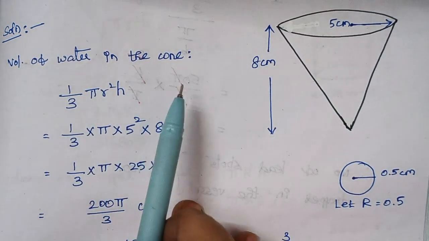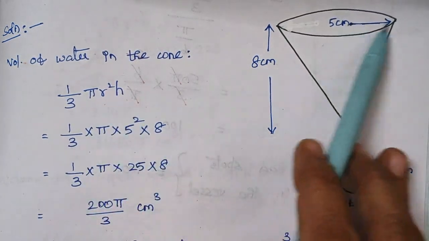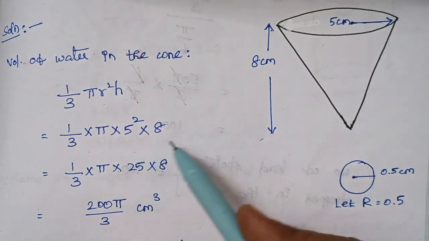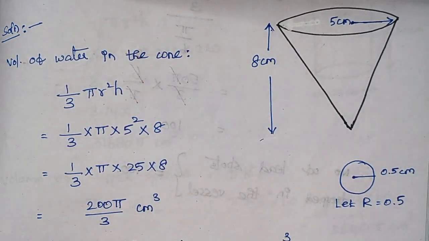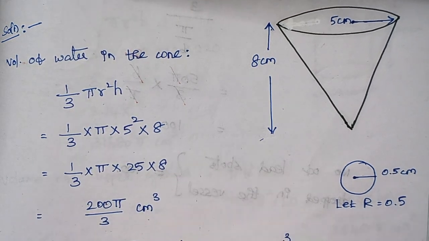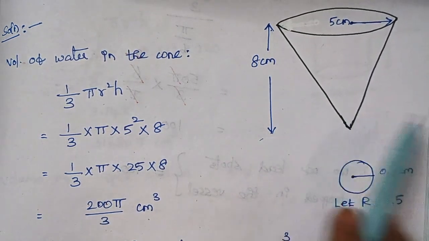So, it is given by the formula 1/3 pi r square h. Now, here the value of r is 5 and the value of h is 8. So, just substitute the values, and finally here we are having an answer of 200 pi by 3 centimeter cube, right? So, this is the volume of the cone or volume of the water.